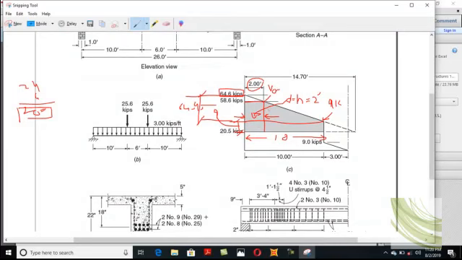So, let's see, we will read it. 64.6 minus 9 divided by this horizontal distance, that is 10 feet. This is similar triangular rule, equals to this VCR minus 9 divided by this distance.